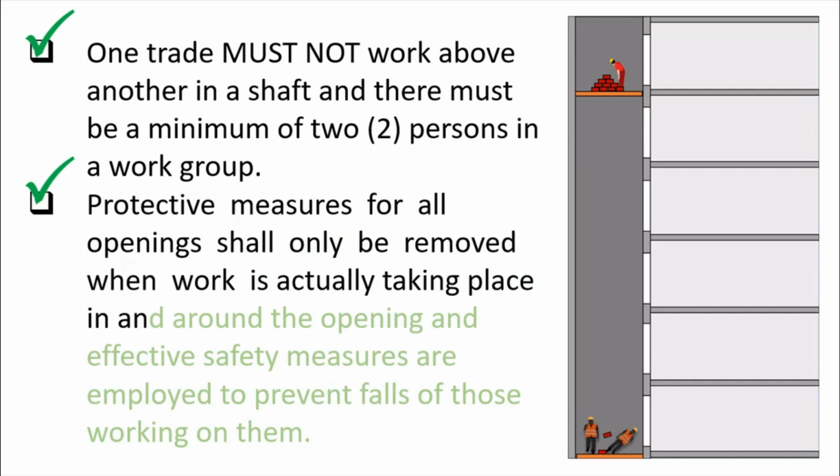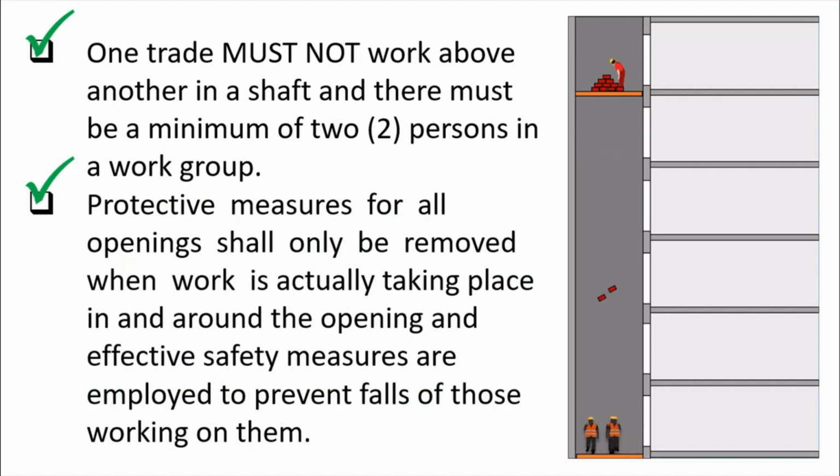Protective measures for all openings shall only be open when work is actually taking place in and around the opening, and effective safety measures are employed to prevent falls of those working on them. Effective means we need to make sure that the protective measure is installed on the openings.